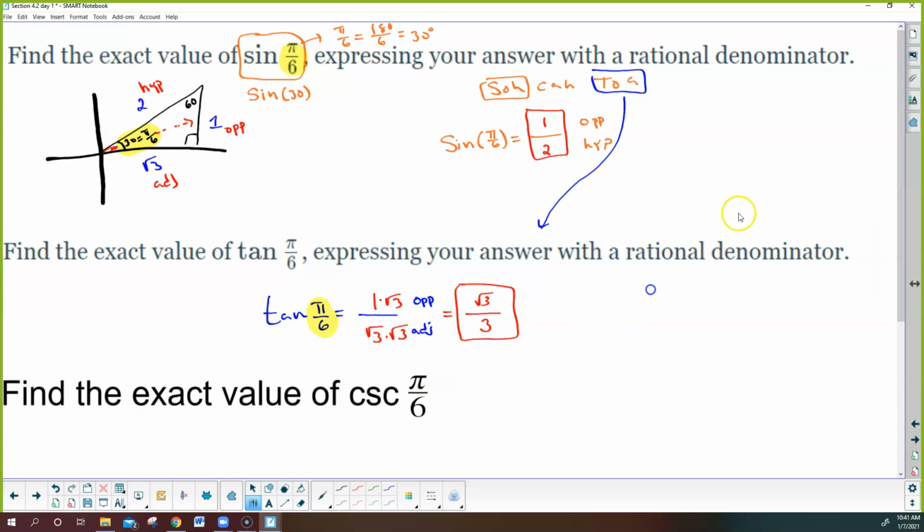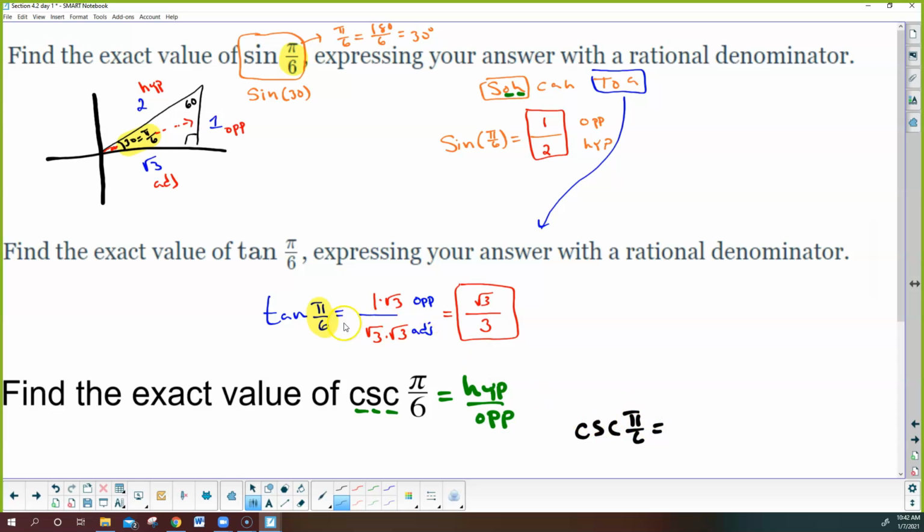All right, last one. And it's up to you if you want to write this one down. But here's the way my brain works. Okay, cosecant, that is the reciprocal of sine. And if sine is the opposite over hypotenuse, this is equal to hypotenuse over opposite. So my final answer is the cosecant of pi over 6.